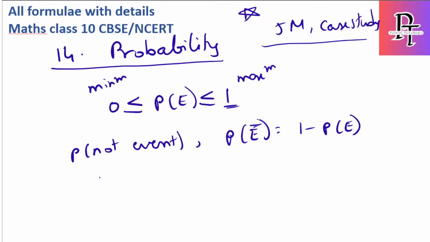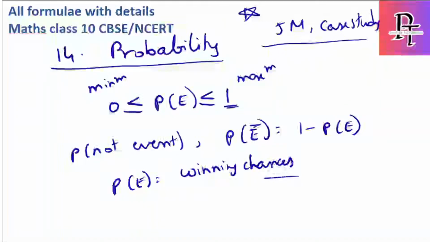Okay, then we have an important formula. P of event is nothing but winning chances by total chances. We have to remember this as a generic formula. I will give a small example.